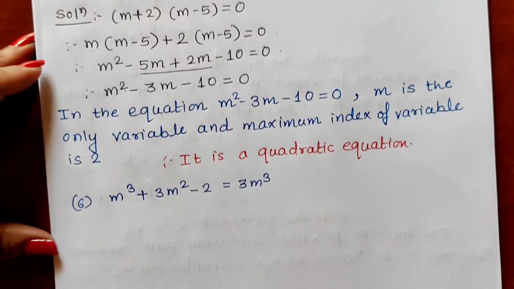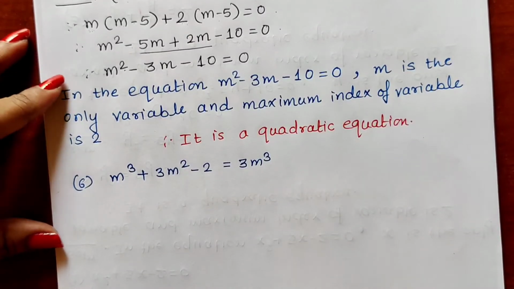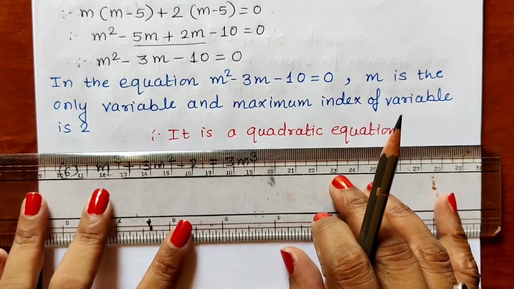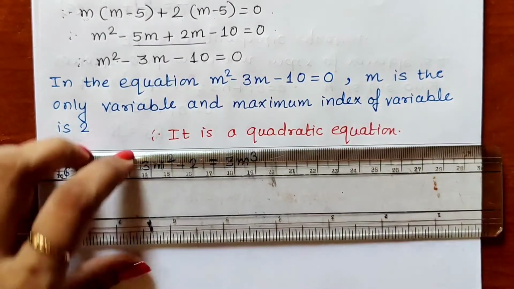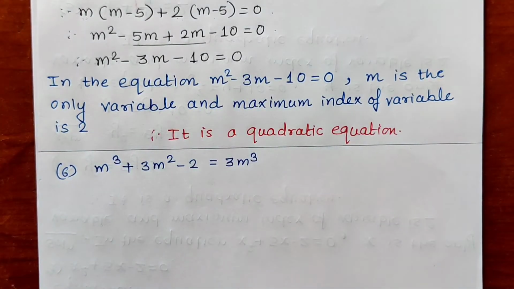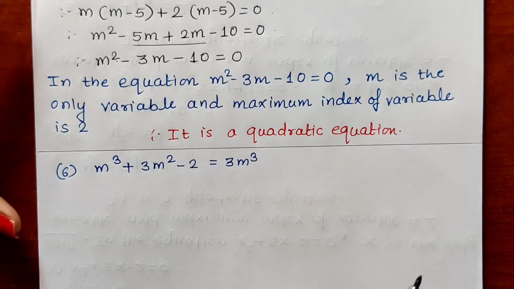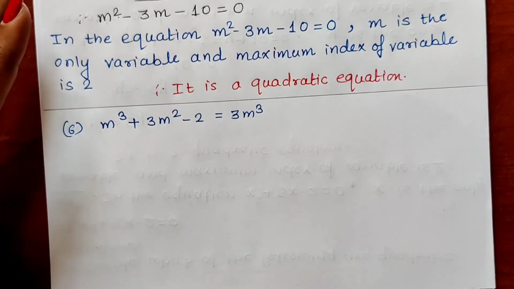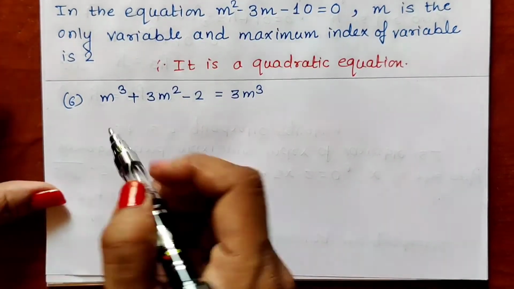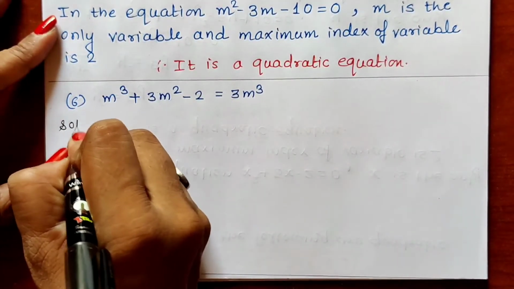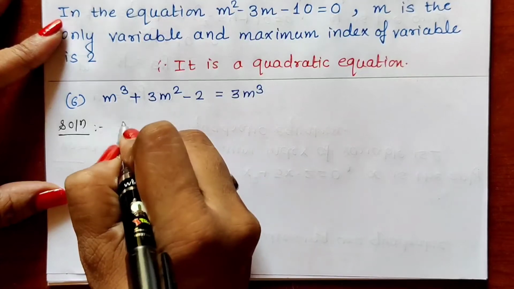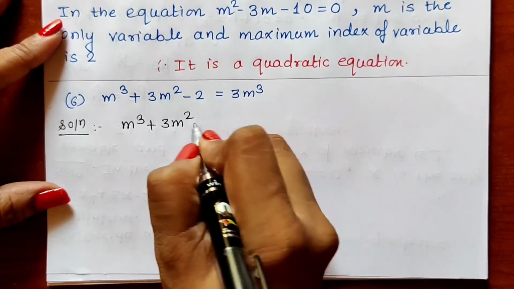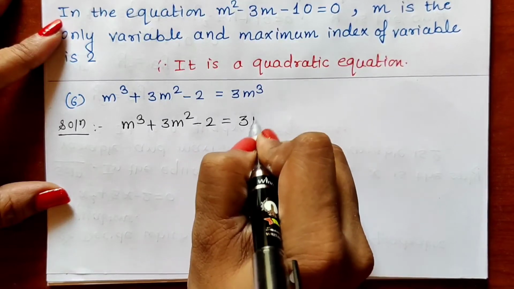Okay, so I have written the question. Solution. Let us start. We write this equation as it is first: m cube plus 3m square minus 2 is equal to 3m cube.